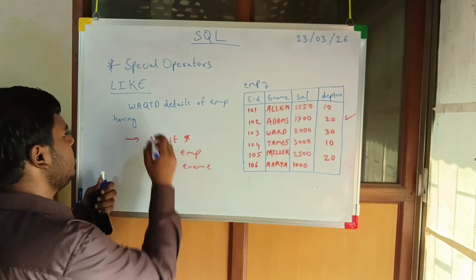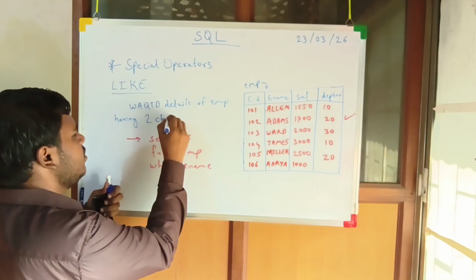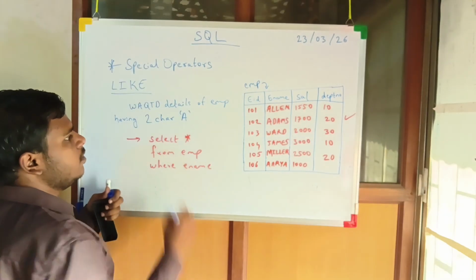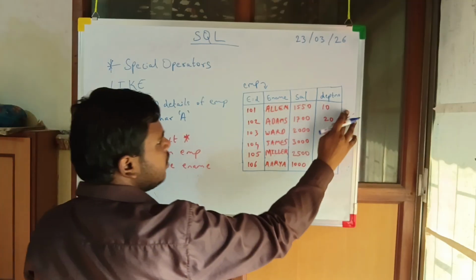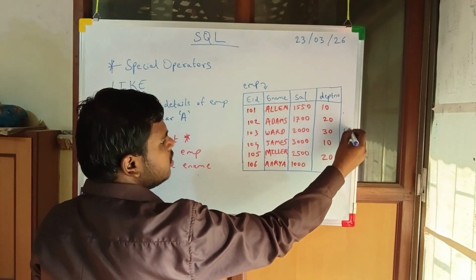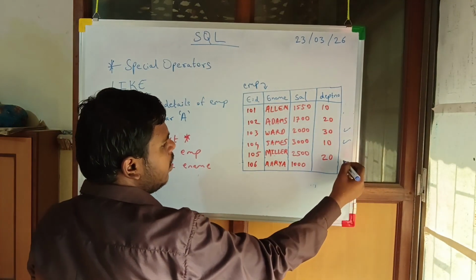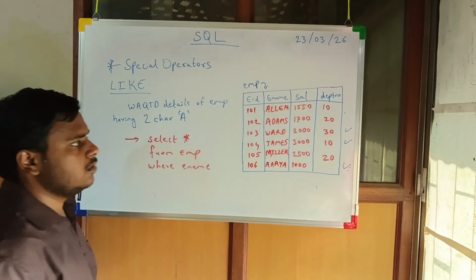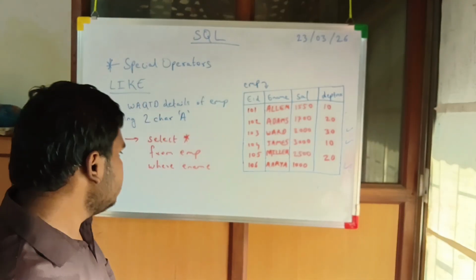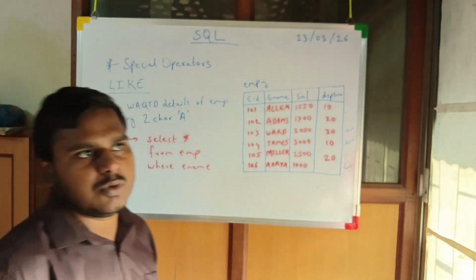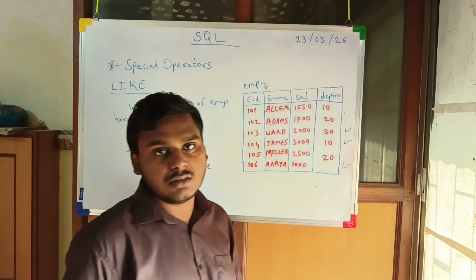Now if I change the question to having second character A, which employees have A as the second character? Ward is there, James is there, Arya is there. These three employee names I want. Here we can't use percentage, because percentage can accept n number of characters.